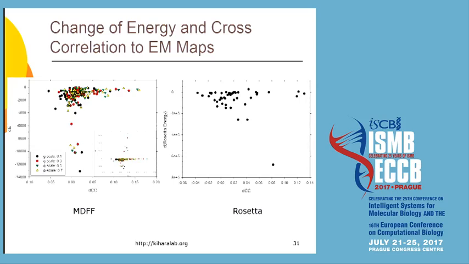A positive value means that after refinement, the structure fits the map better. The y-axis shows how much the MDFF energy decreased, became better. In most cases, the structures improved in both cross correlation and energy. The same is true for Rosetta. So in almost all cases, the refinement protocol is working okay.